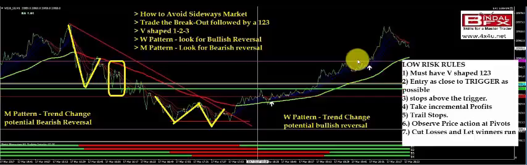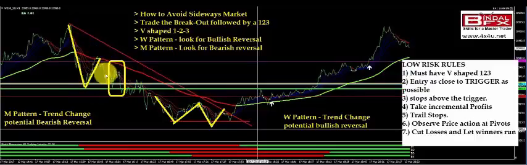It's very important that when you take a trade, it must be a low risk, high probability trade. You must have a V-shaped 1, 2, 3. Okay, so this is a very good example of a V-shaped 1, 2, 3. That's your point 1, point 2, and point 3.